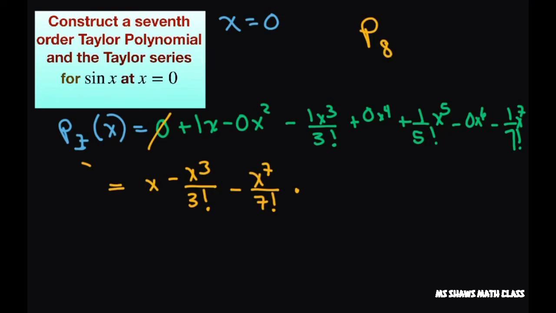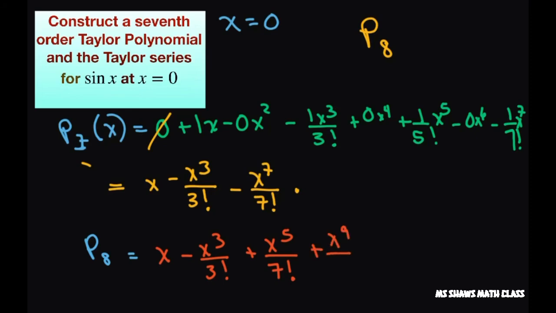If we do p sub 8, that's just going to be x minus x cubed divided by 3 factorial plus x to the fifth power divided by 5 factorial, minus x to the seventh divided by 7 factorial plus x to the ninth divided by 9 factorial.